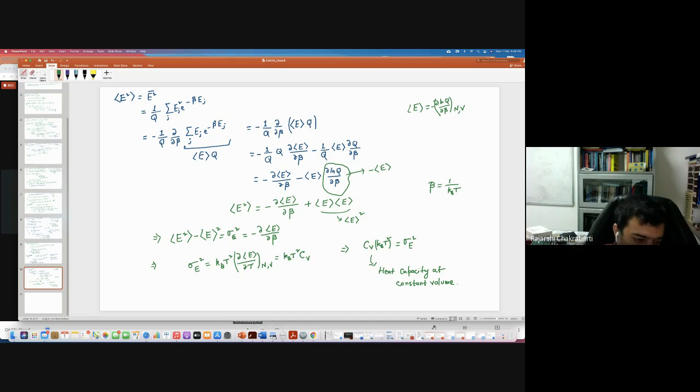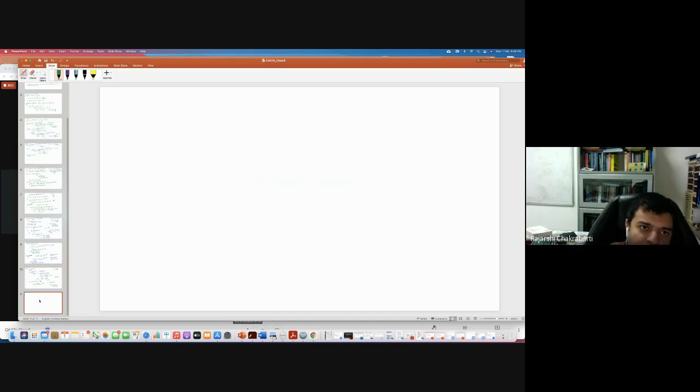I can briefly tell you, because I can always calculate this quantity: what is sigma E divided by E? Okay, and can you tell me how does it scale with number of particles? Sigma E scales as what and E scales as what?